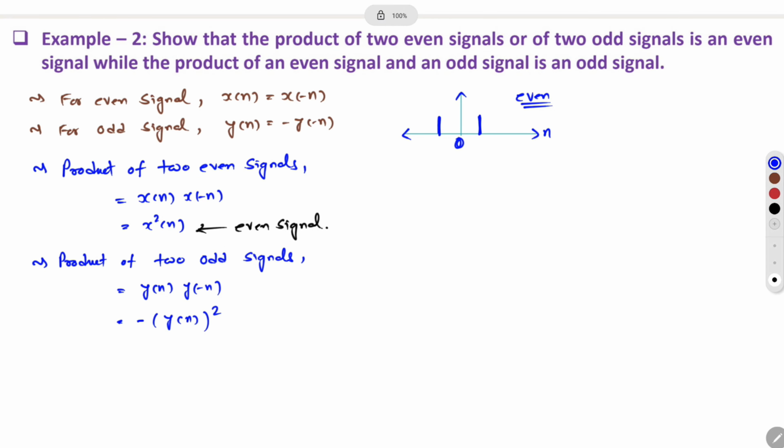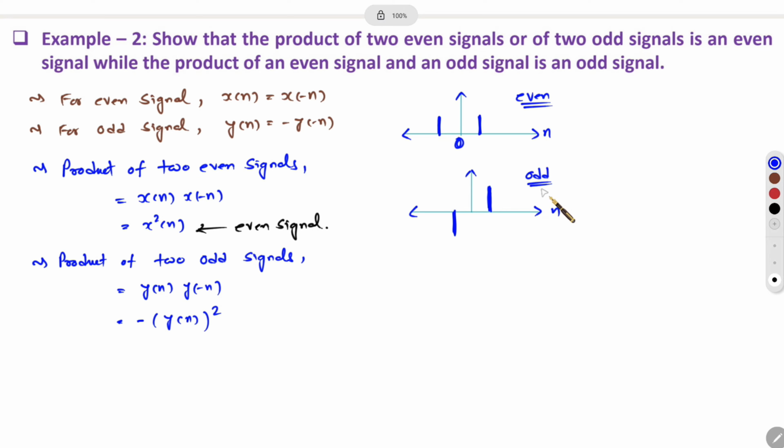So that will be even. But if you talk about an odd signal, where we have a positive amplitude here, then over here there will be an equal and negative amplitude. So one can say y of n is equal to minus of y of minus n. So this is an odd signal.